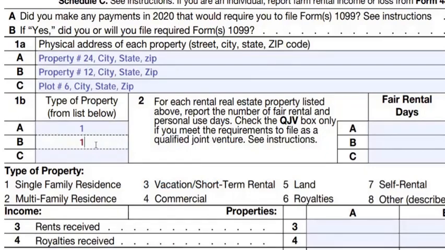Let's stick to the number 1. The second is also a single family residence only. Okay. Number 3, what is this property? Plot number 6, city. So there is land also, right? It could be land. You can rent your land as well, right? So they are going to write number 5. Someone may have rented out their land.